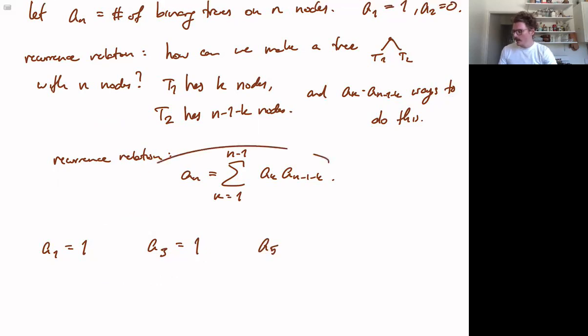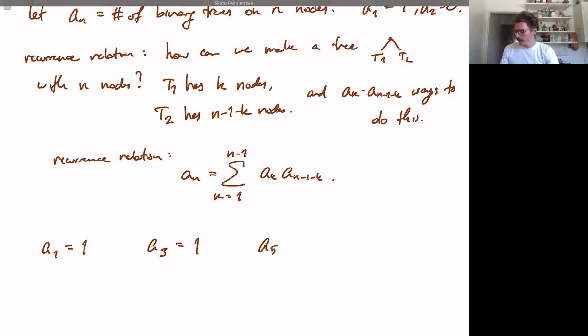What is this formula saying? It's saying take this thing times this thing plus this thing times this thing. So that's 1 plus 1, it is 2.